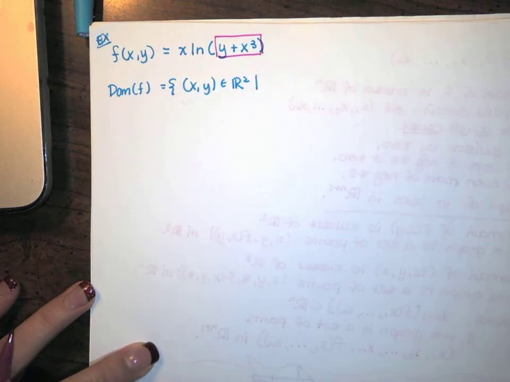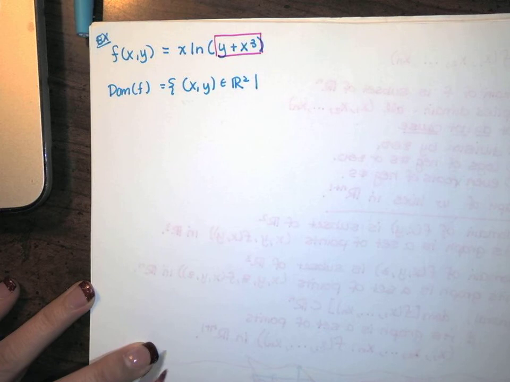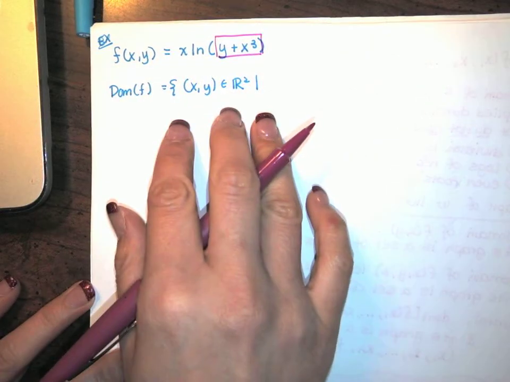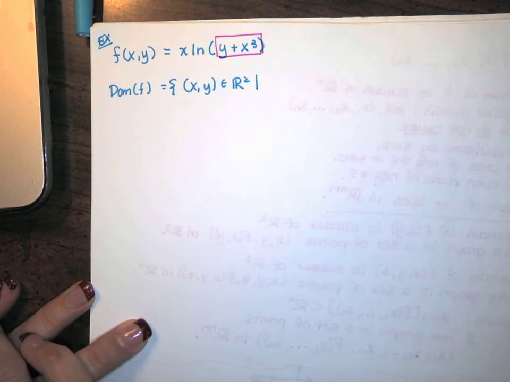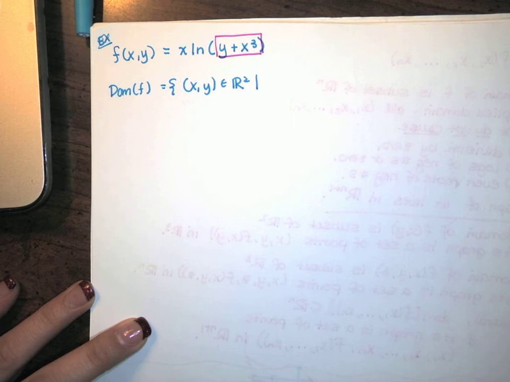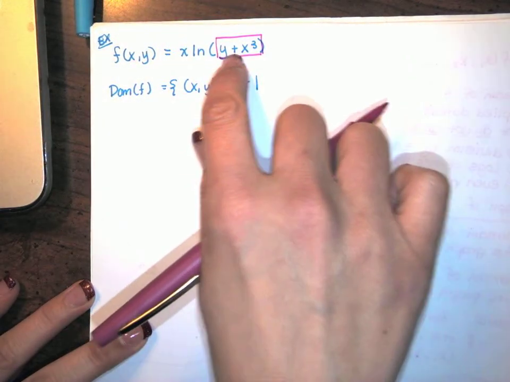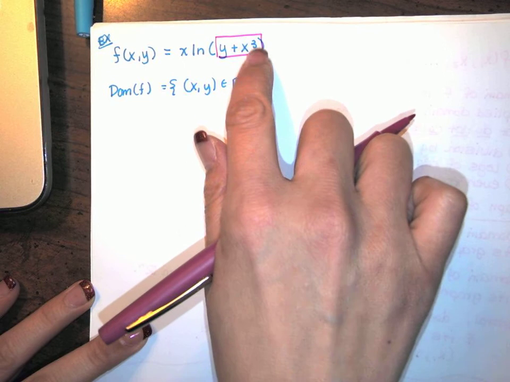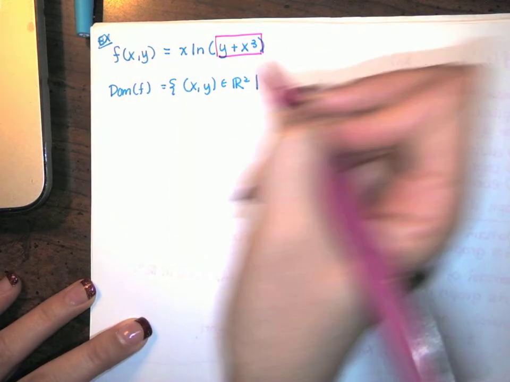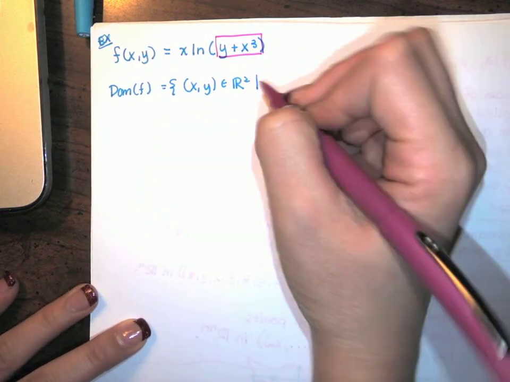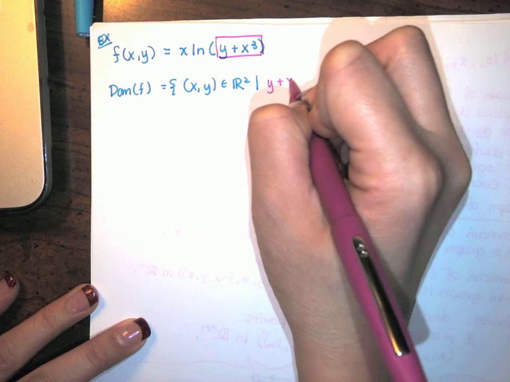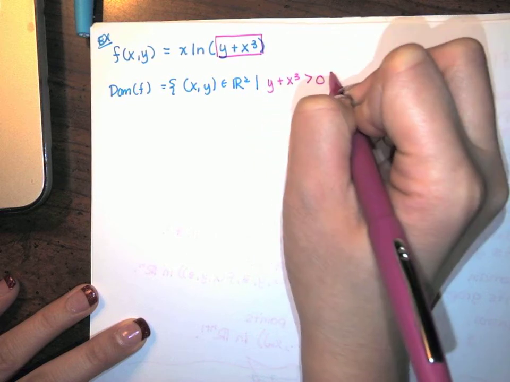This expression in the logarithm cannot be 0 and it cannot be negative, not for our function of a real variable right here with real outputs. Given that, I need this to be not negative, not 0, so it has to be positive. So I'm looking for the set of all xy pairs such that y plus x cubed is strictly greater than 0.